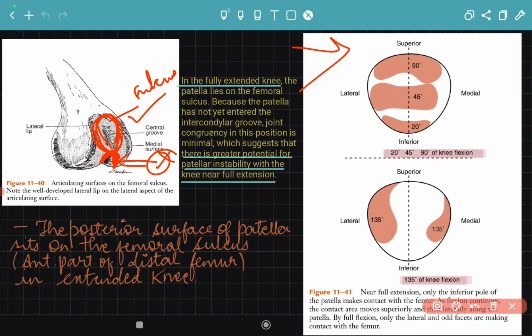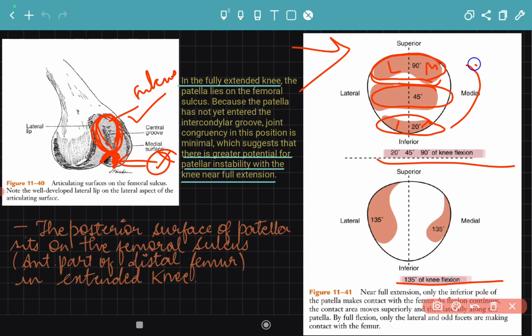Over here we can appreciate at what ranges what part of patella is in contact with femur. As we can see, at 20 degrees of flexion, this inferior pole is in contact, the lateral and the medial facet, some part of it, then 45 degrees, and then at 90 degrees we can see the lateral and medial facet is in contact, the superior part mostly, and as it reaches 90 degrees of knee flexion, the patella will have most of its contact with the femur at this position.